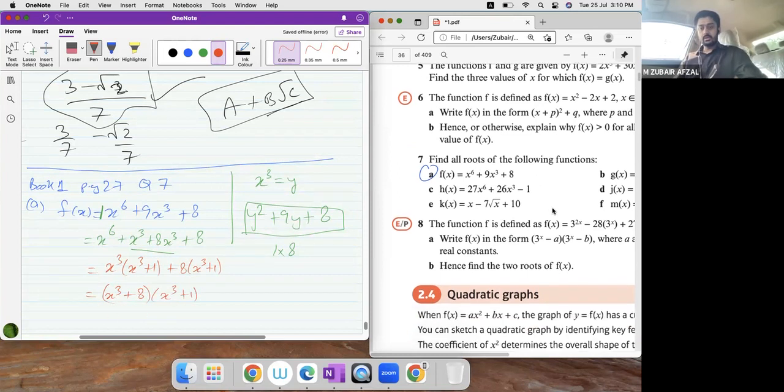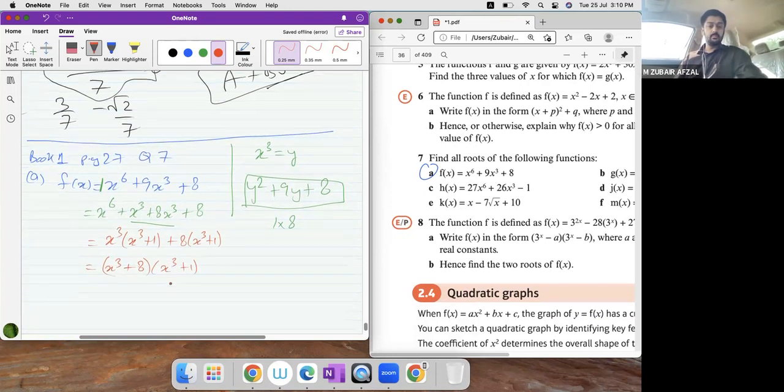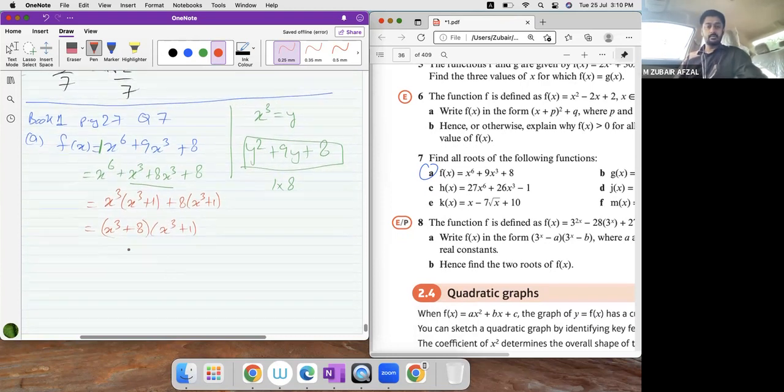And it says find all the roots of the function. When it is equal to 0, first expression x cube plus 8 is equal to 0. x cube is equal to minus 8. x is equal to minus 2, taking cube root both sides.